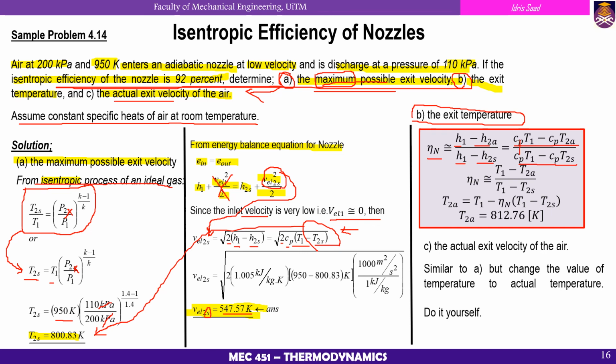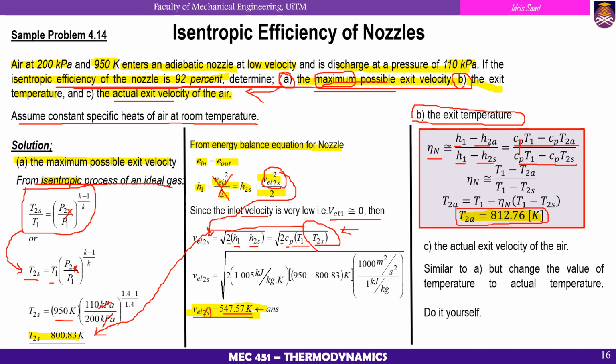Cancel out the Cp, so we get T1 minus T2A over T1 minus T2S. Then we can get T2A is equal to 812.76. So this is the answer for B, the actual exit temperature.